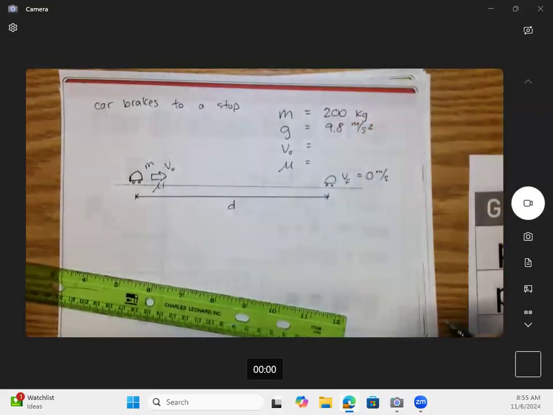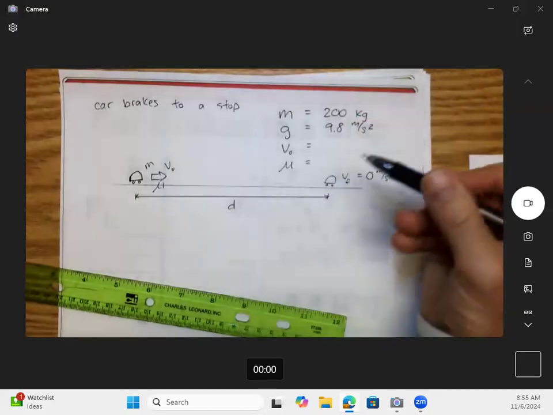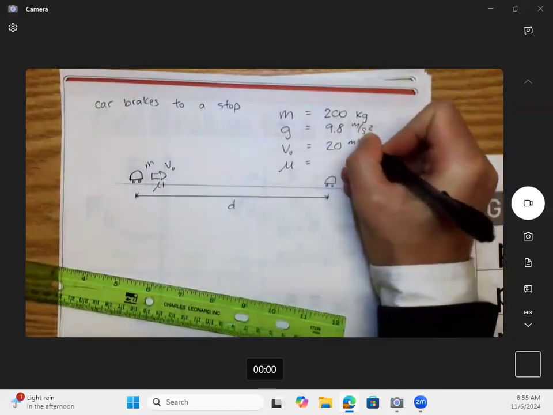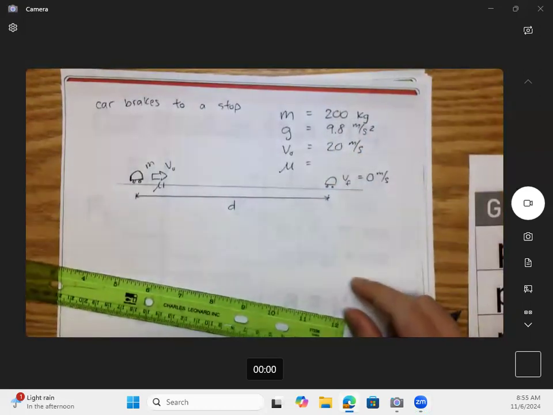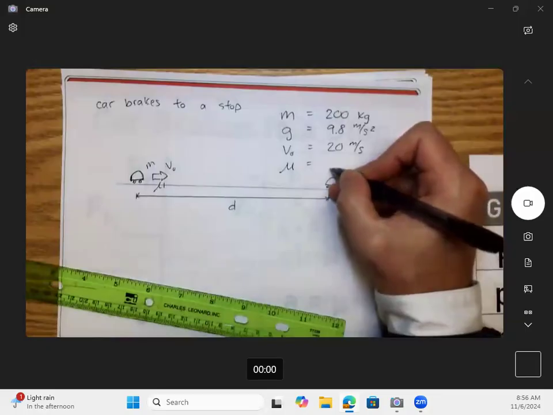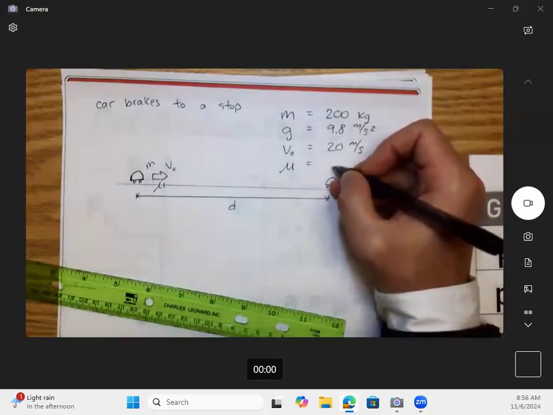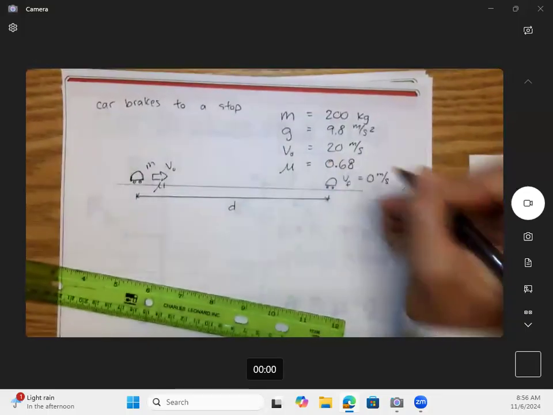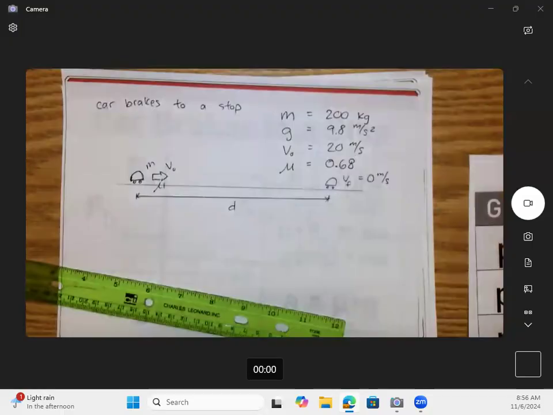Hans, give me a starting speed of the car. 20 meters per second. Boom, in the book. Mariah, give me a reasonable coefficient of friction. 0.68. All those numbers look reasonable. Good call. We're going to see what the braking distance of this car is.